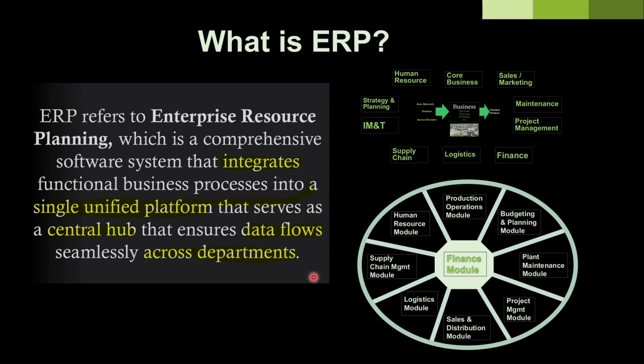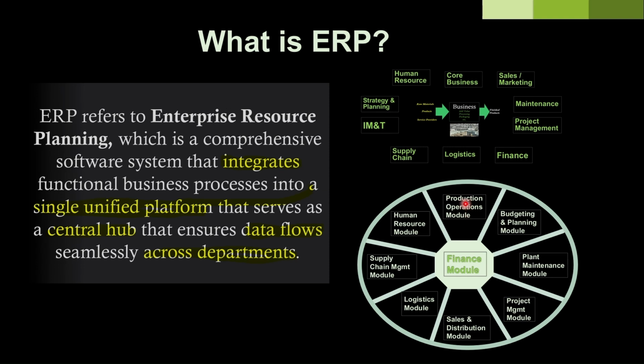So as this definition actually highlights, the ERP solution comes in modular forms, and each department in a typical ERP solution will have a corresponding module that actually fulfills all the process requirements of that department, and with all the inherent integration.